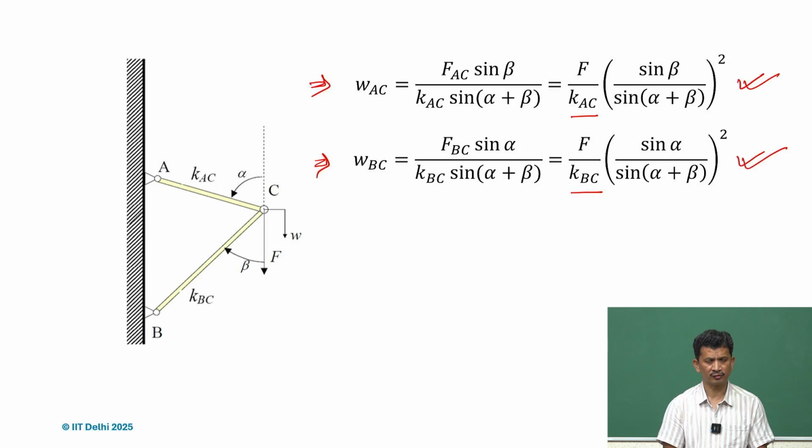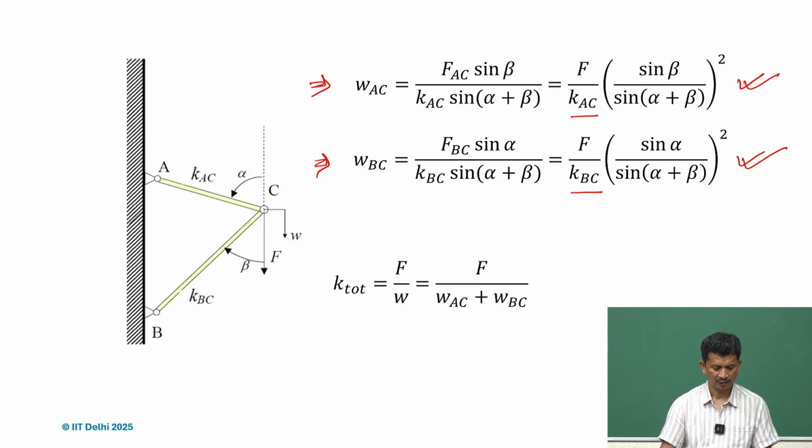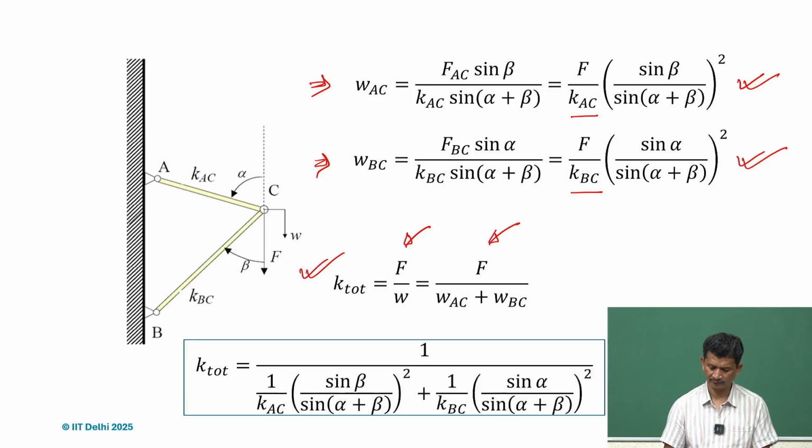Therefore, if we are looking at the total effective stiffness, we can write F over W, the total deflection, which is in turn F over WAC plus WBC.